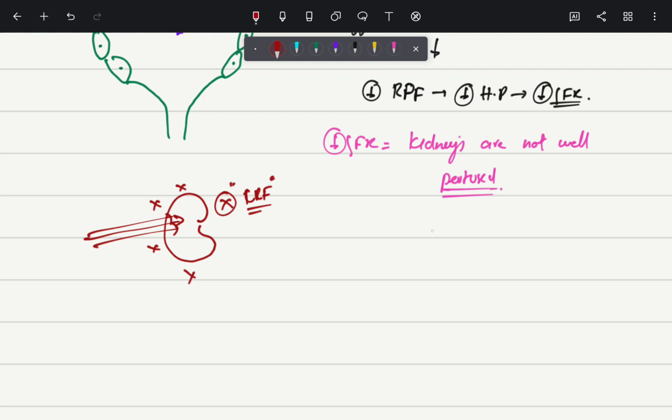Now that's the reason we don't give angiotensin receptor blockers to patients with renal failure, because there will be decreased renal perfusion.